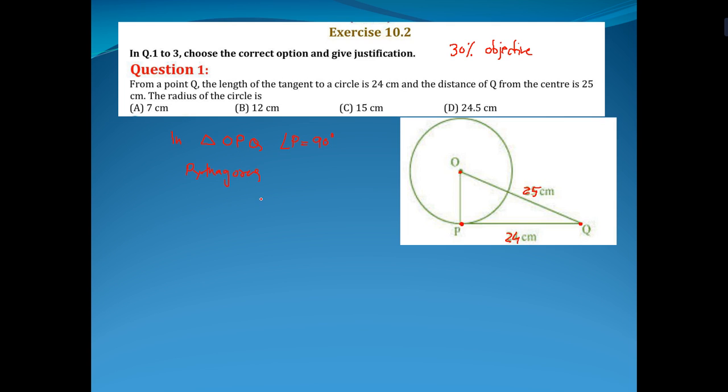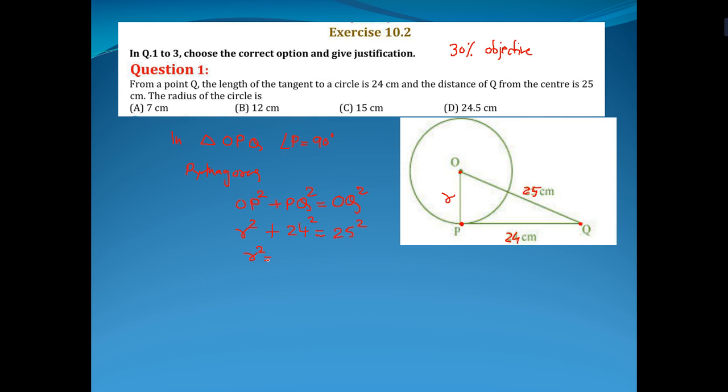By applying Pythagoras, we know that OP square plus PQ square is equal to OQ square. Now OP square, that is the radius. PQ square is given, 24 square. OQ square is given, 25 square.